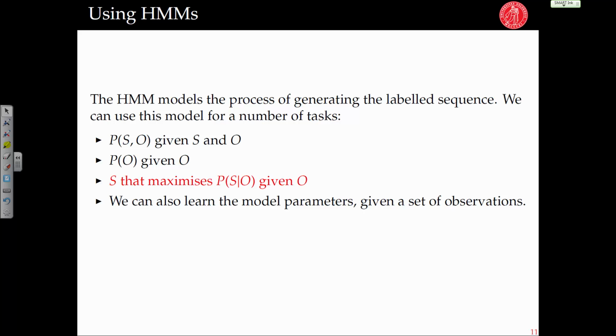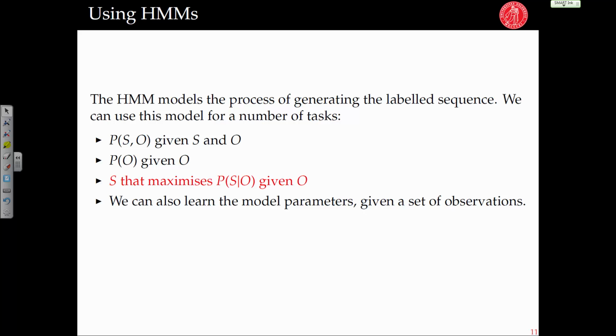That would leave you with a set of more likely sequences, right? But what you will get from here is just one sequence.